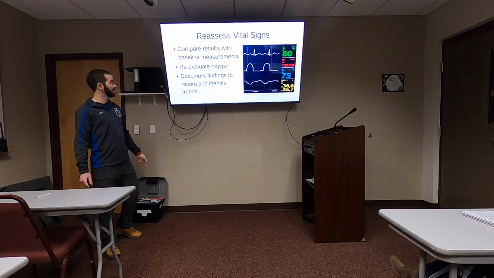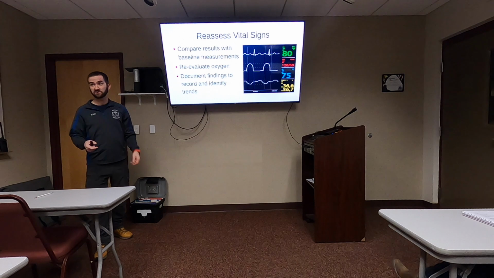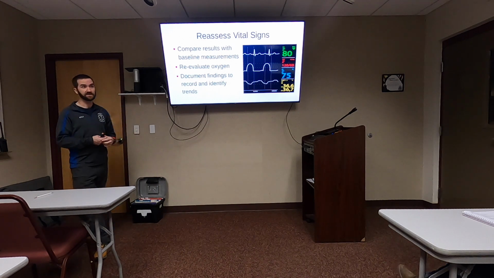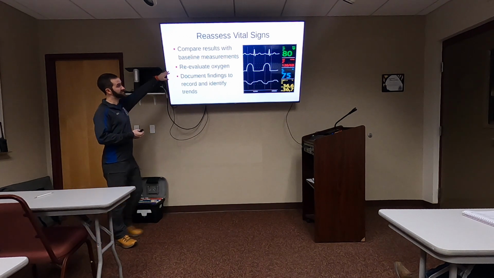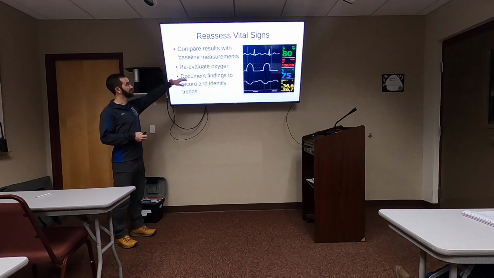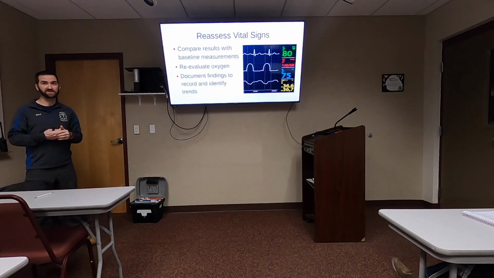When we give oxygen, we're more or less titrating to effect, so we want a number between 95 and 100 on our SpO2. If you get it up to 100, you might consider dialing back the oxygen just a little bit, because we don't want to supersaturate them.